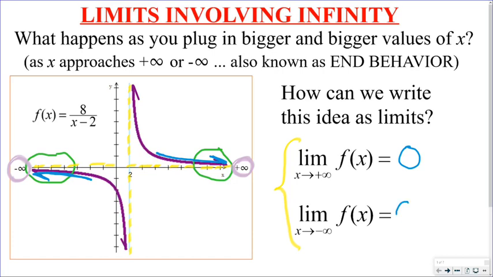So the y values are again approaching 0. And you'll notice these two y values correspond to the place where we find the horizontal asymptote. So the limit as x approaches positive infinity or negative infinity gives you a method for finding the horizontal asymptote.